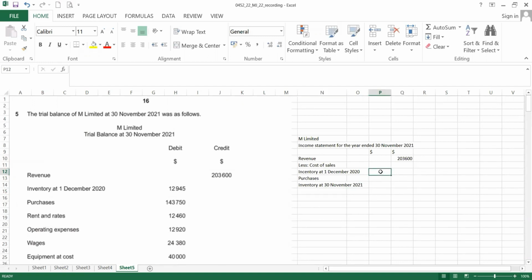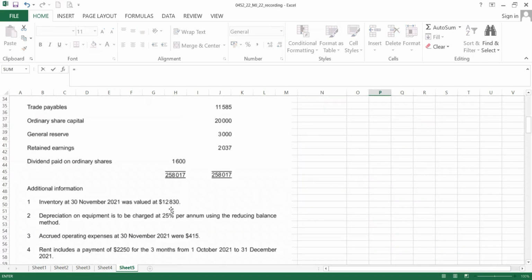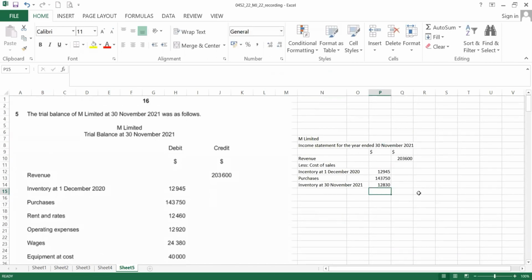Put in the amounts first: 12,945, and then purchases 143,750. Closing inventory is 12,830. So plus and minus. So this is our cost of sales. Take the revenue minus the cost of sales, so we get the gross profit.